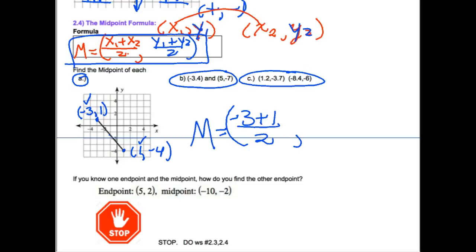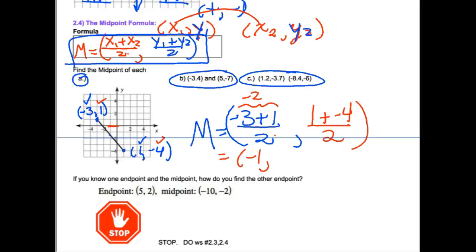For the y's, I'm also going to get in the middle of 1 and -4. If I know it with common sense, super. If not, I add them and divide by 2. So when I'm done, I end up with having a midpoint at -2 divided by 2, which is -1, which looks good on my graph.